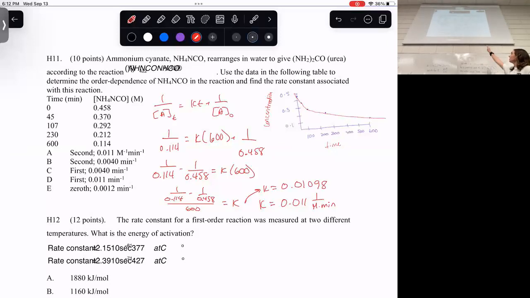So when you plug that into your calculator, you get 0.0198, which would round to 0.011.